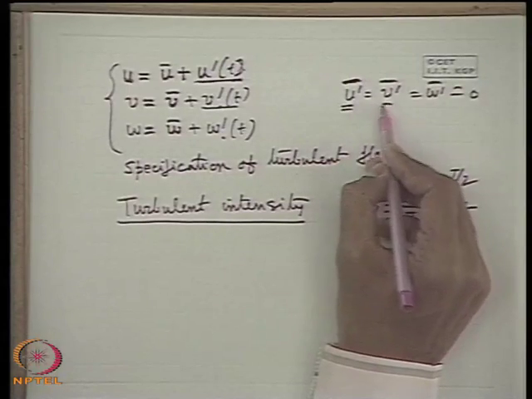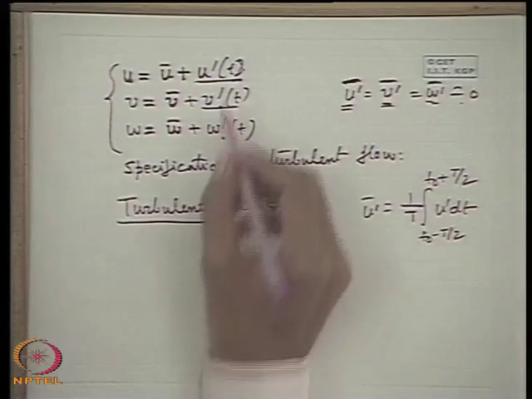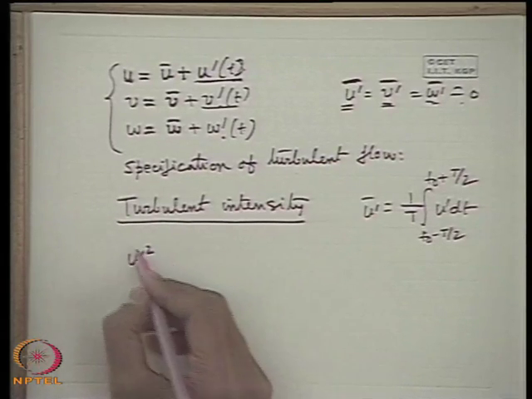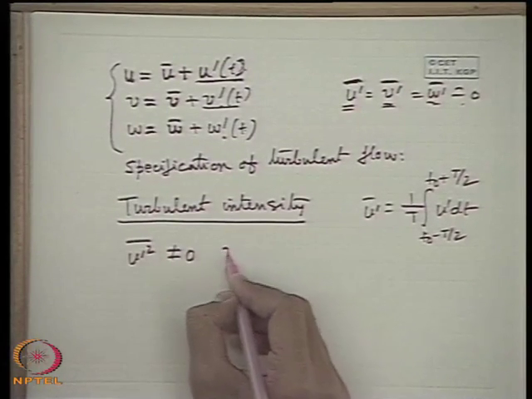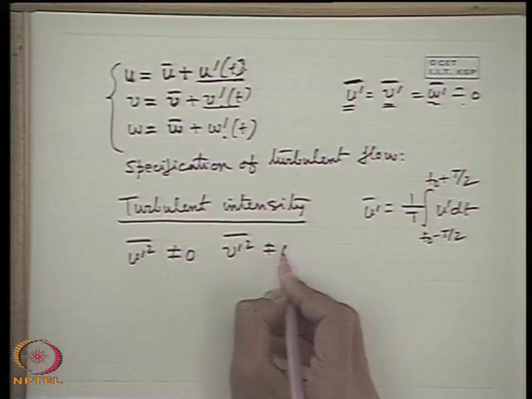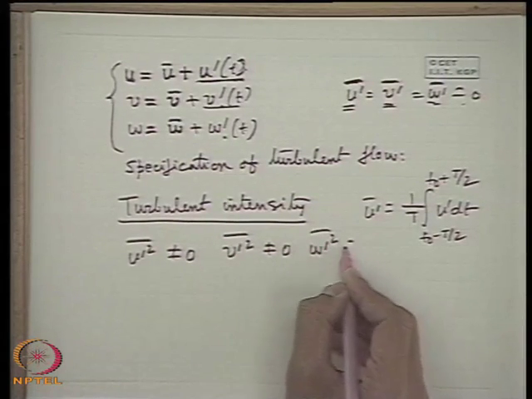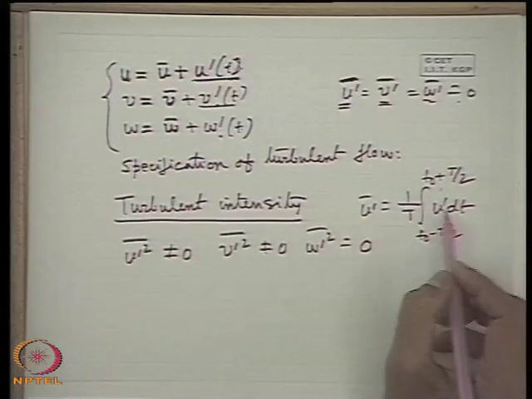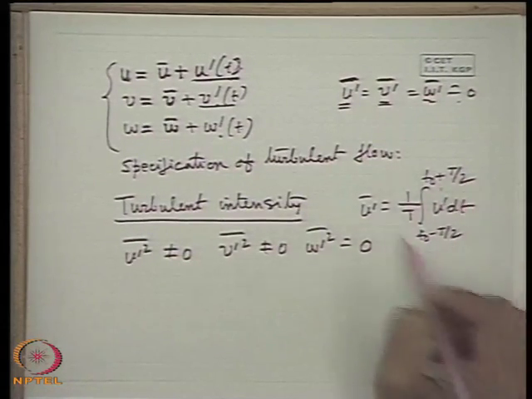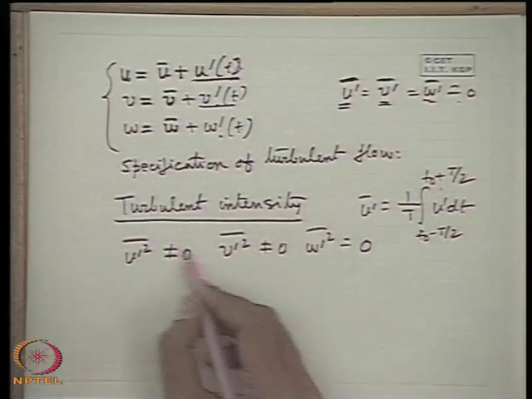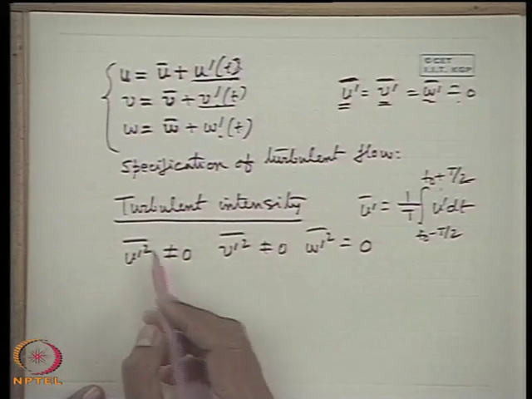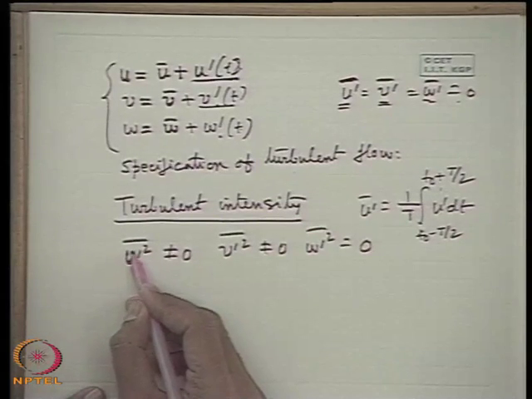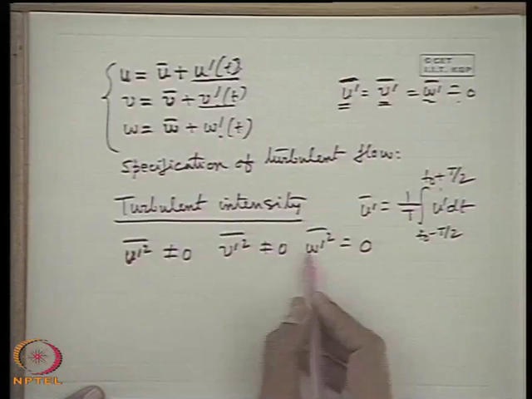So, time average values of this fluctuating quantity is 0, but because of these random fluctuations, u dash square bar is not 0, v dash square bar is not 0, w dash square bar is not 0, like our trigonometric functions. That means a periodic function whose time mean value may be 0, but if you square it and take the mean, that is not 0. Therefore, the turbulent intensity will be represented by u dash square bar, v dash square bar, w dash square bar.